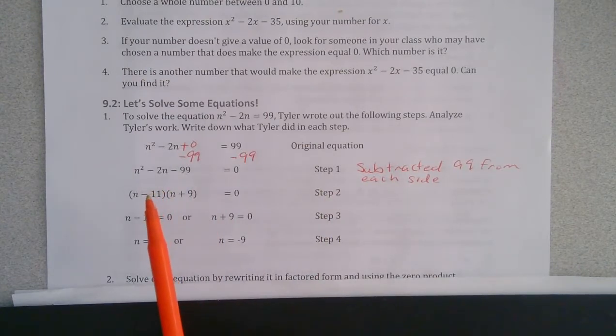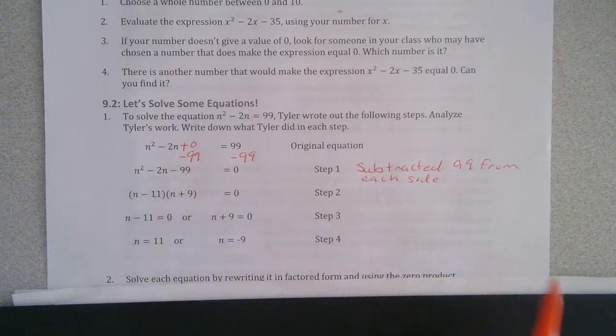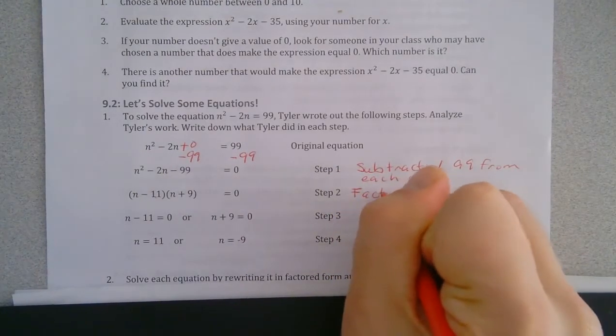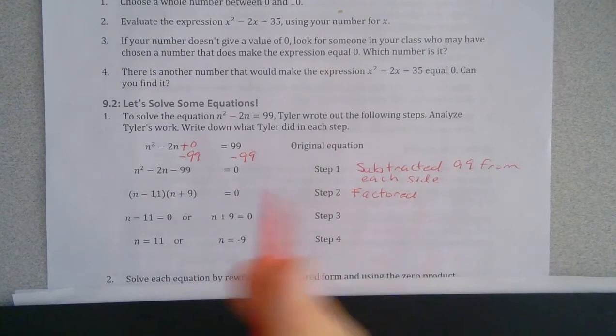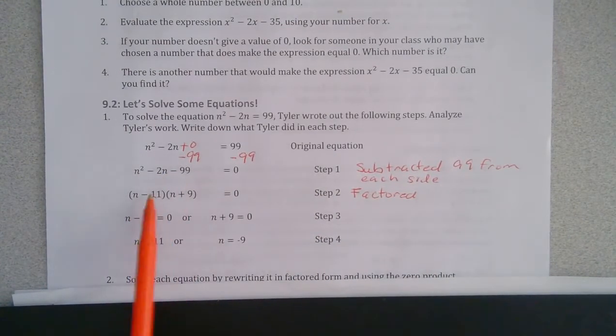Let's just double check. I know that negative 11 times 9 is negative 99, and negative 11 plus 9 makes negative 2. So it looks like for step 2, he factored the standard form n squared minus 2n minus 99, and he put that in factored form.